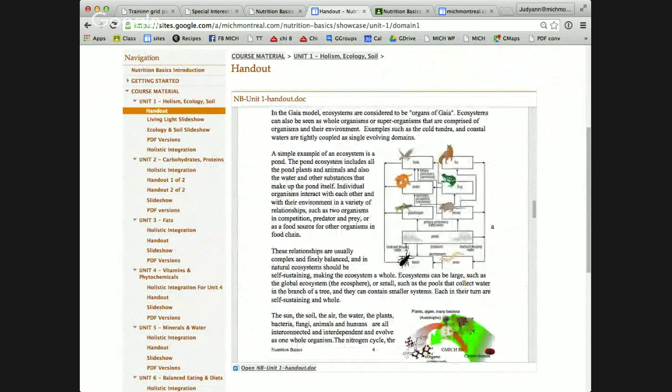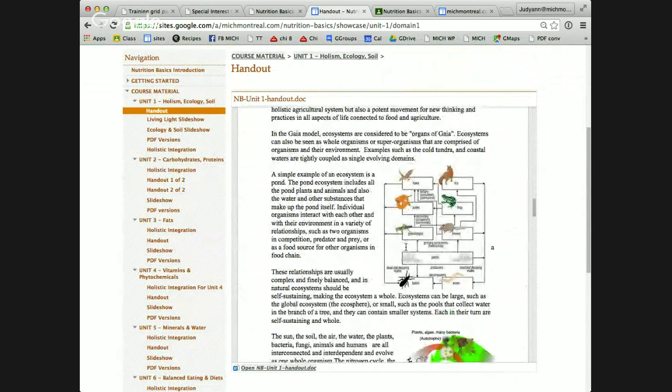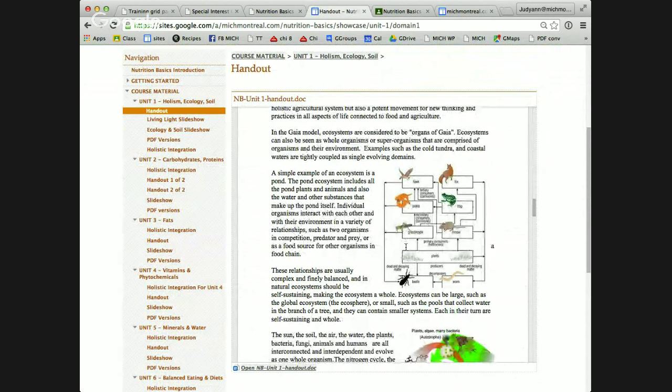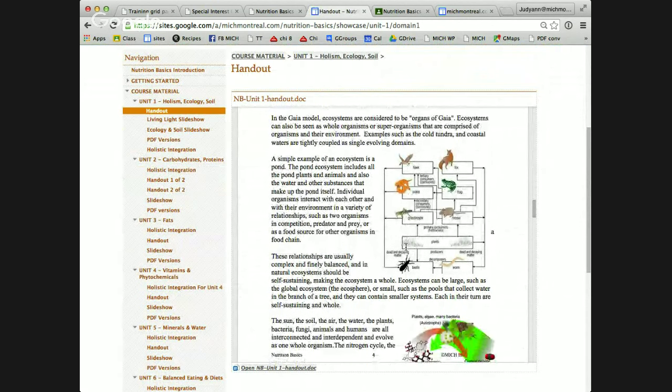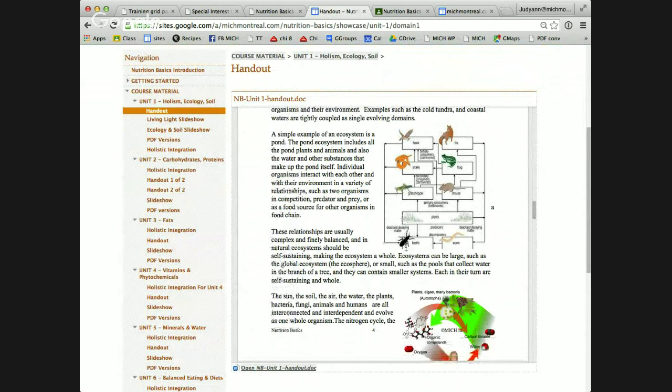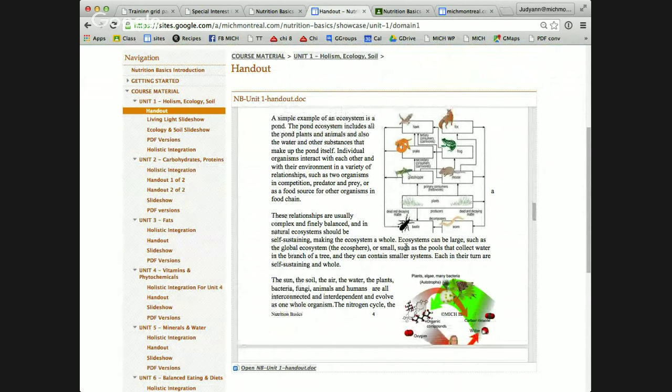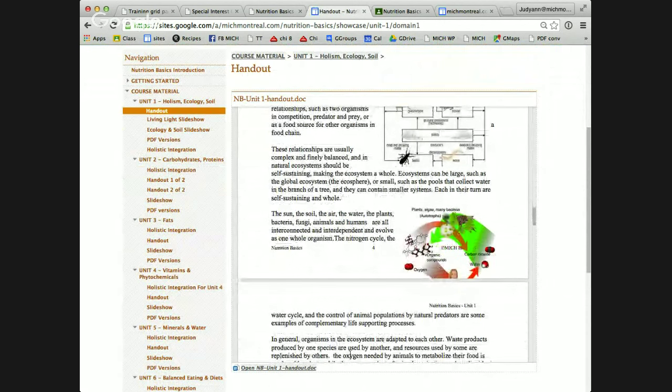So you can read it right on the page, which means that if you have an Android or any kind of cellular phone or iPad kind of thing, you can go to this website and read your articles right on the website. But if you prefer to download them, and if you like to print them out or keep them on your computer, you can also do that.